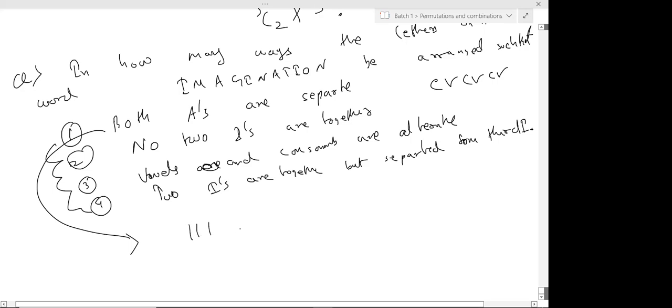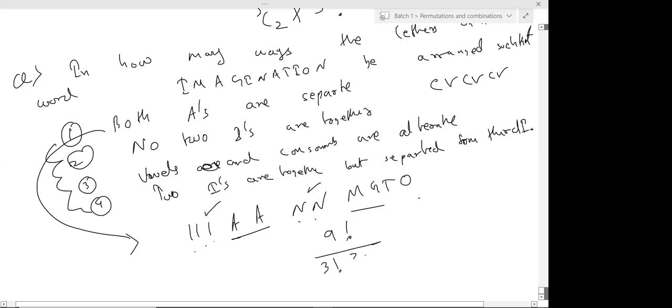We have I, A, N, and M, G, T, O, right? All the letters are there. So excluding A, I'll arrange all the letters: 3 I's, 2 N's, and 4 others. So in total, 9 letters. So 9 factorial upon 3 factorial for the 3 I's and 2 factorial for the 2 N's.